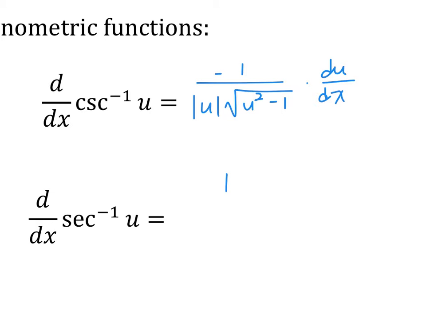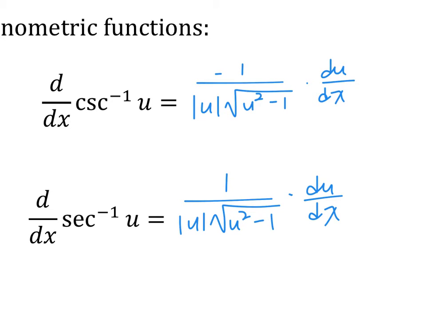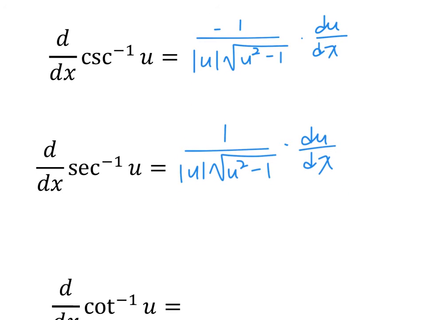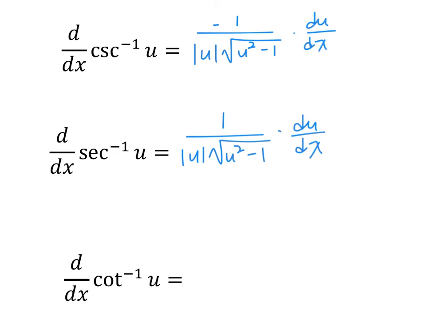Inverse secant, 1 over absolute value u square root of u squared minus 1 du dx. And then the last one, inverse cotangent. Negative 1 over 1 plus u squared du dx.